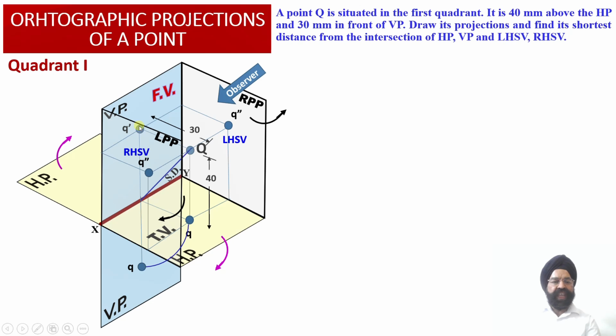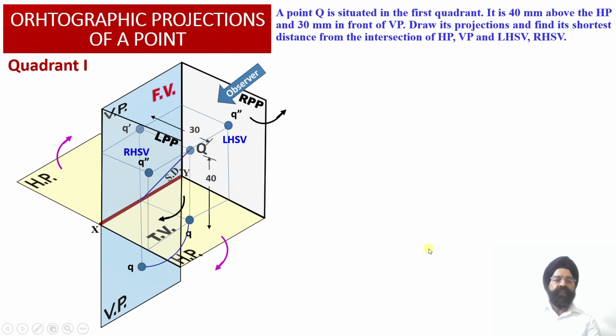So once again we can check, this point Q double dash has been obtained as the right hand side view orthographic projection of the point Q, and it is available at a height of 40 millimeter from the horizontal plane and 30 millimeter from the vertical plane.